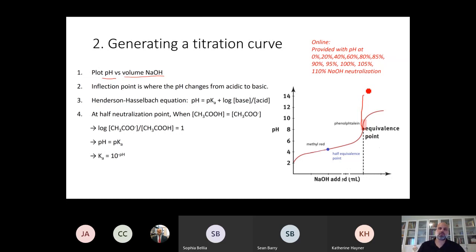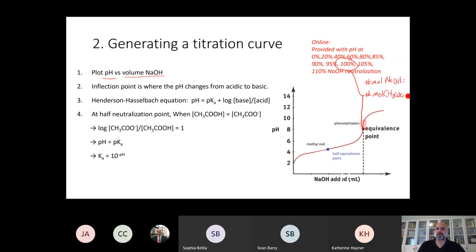That's the point at which we have 100% of the sodium hydroxide, where the number of moles of sodium hydroxide is equal to the number of moles of acetic acid.